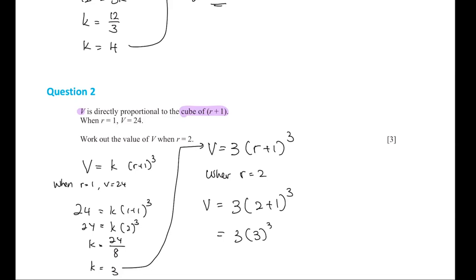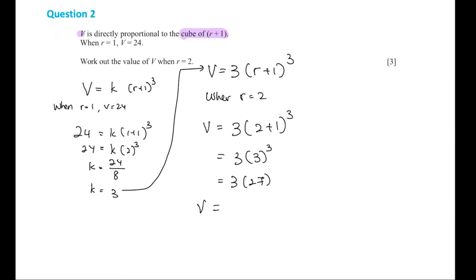Rewrite the equation: V is equal to 3 times R plus 1 cubed. Now we need to put in R equal to 2. V is equal to 3 times 2 plus 1 cubed, 3 cubed. 3 times 27. V is equal to 81.